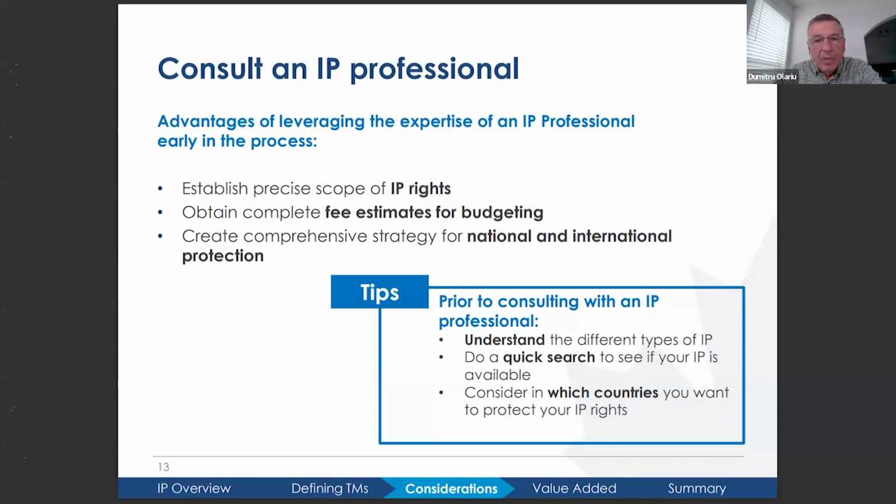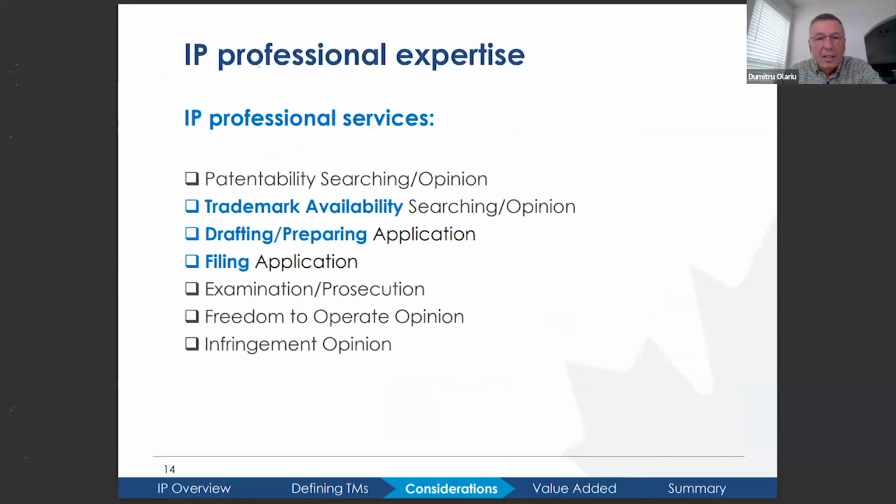Next slide, please. This kind of professional has a lot of expertise in terms of IP. This slide presents different types of IP expertise a professional has. For trademark purposes, they can check for trademark availability and give you a legal opinion on that.